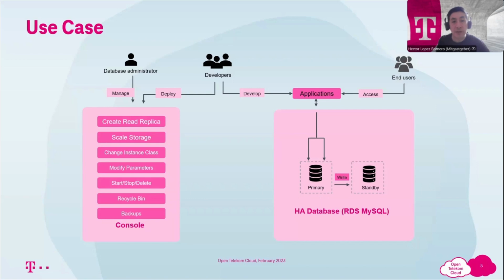And with RDS, you can do this: you can create read replicas, scale storage, change the instance class. So all that you see here on the left column are the possibilities that you can actually use in RDS. As you have a production system, it's expected that you will have a high availability database. With this database, you have the primary and standby. You can also attach read replicas.